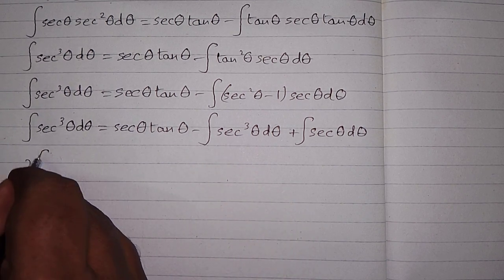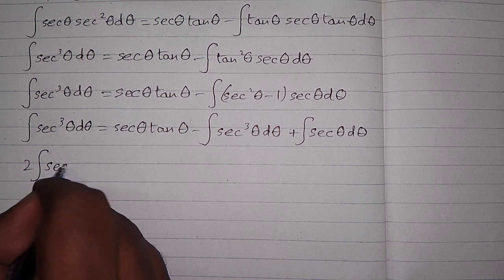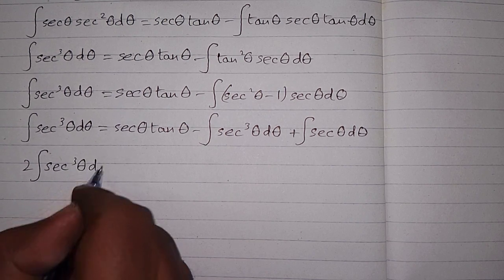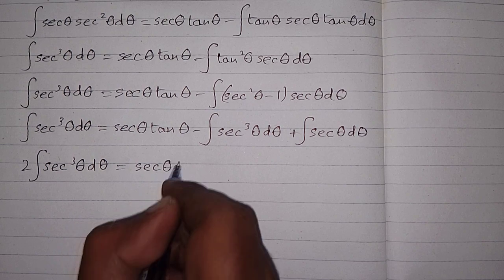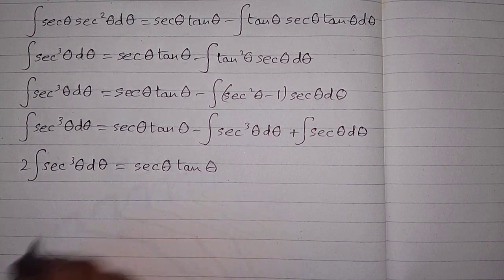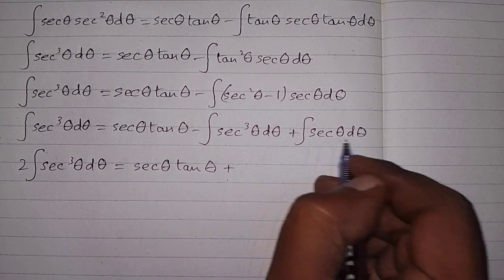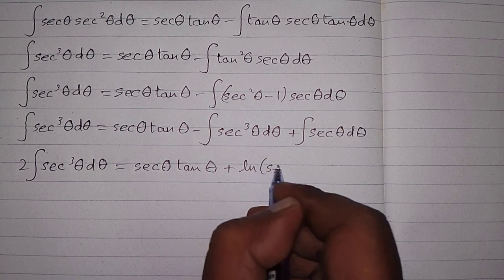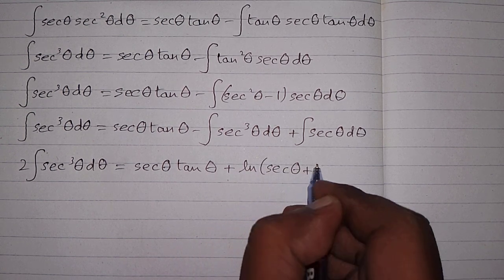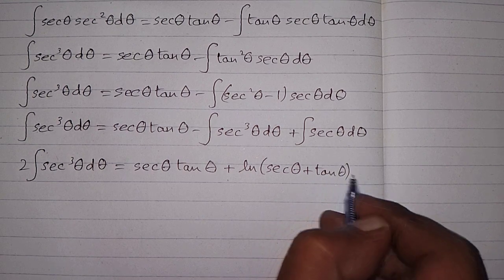So we have 2 times integral of sec cube theta d theta is equal to sec theta tan theta plus integral of sec theta, and integral of sec theta is ln of sec theta plus tan theta plus k.